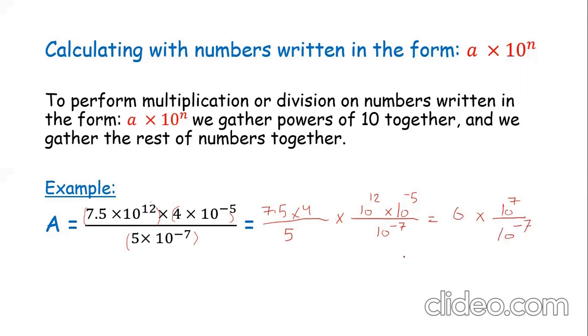And this is equal to 6 multiplied by 10 to the power of 7 minus minus 7, also as we have seen in the rules. And this is equal to 6 multiplied by 10 to the power of 7 minus minus 7, which is plus 7. So 7 plus 7, 14. So this is the answer.